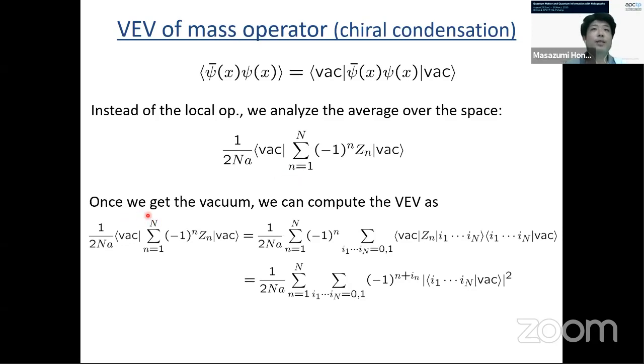So once we get the vacuum, we can compute the chiral condensation by considering a combination of the probability of having each basis state in the vacuum. So now the problem is reduced to computing this one.